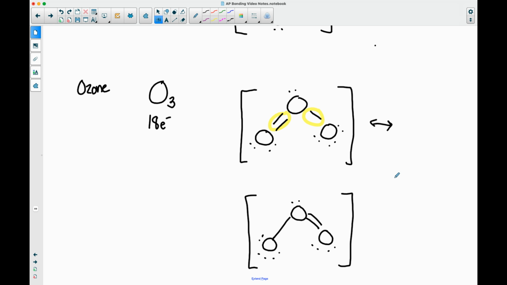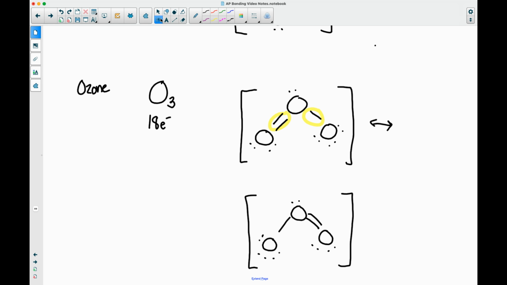The electrons are moving between those two sides. The bond lengths are identical between the two oxygen to oxygen bonds, and their bond energy as well as their length is about an average of a single and a double bond.